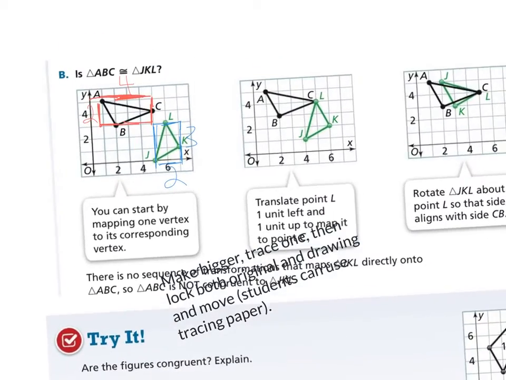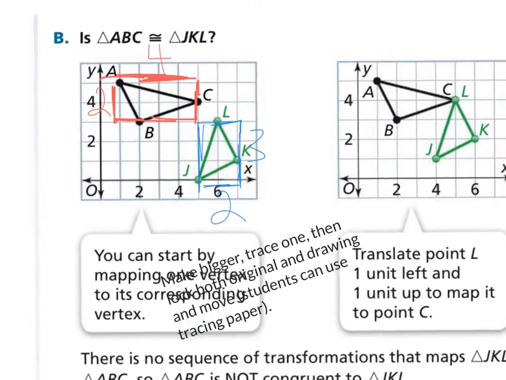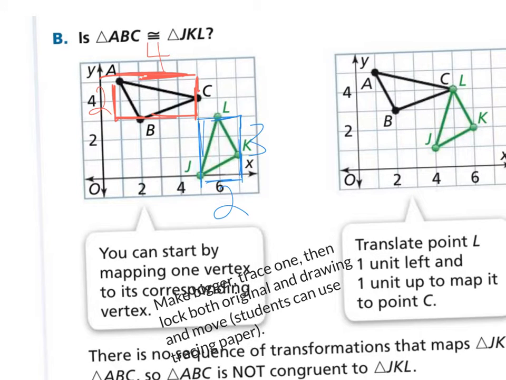So part B, they're asking if these triangles are congruent. One thing you can do with triangles is kind of box them in, make rectangles around them, and look at the dimensions of those rectangles. So if we box in triangle ABC, we've got 2 squares going one direction, 4 squares going the other direction.